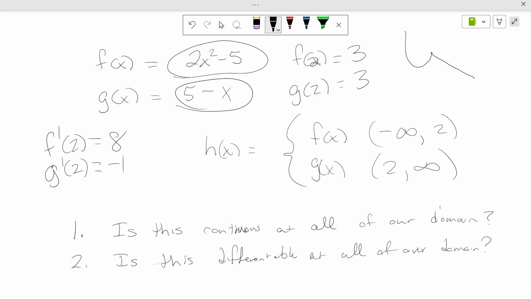No, because when these two have different derivatives at this point, it'll make a point, right? And where it makes a point, it's not differentiable. It has to have the same derivative coming in as going out, basically. So that was that lesson about continuous and differentiable.